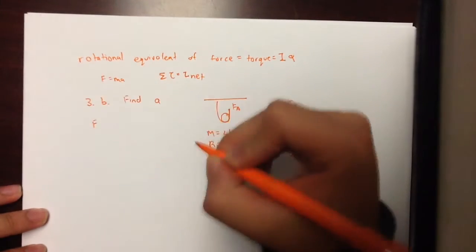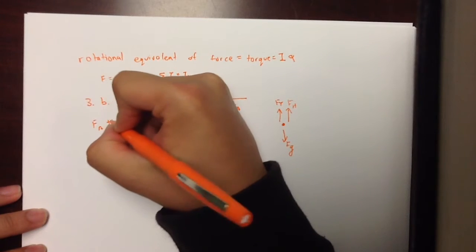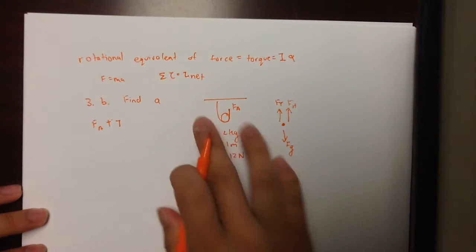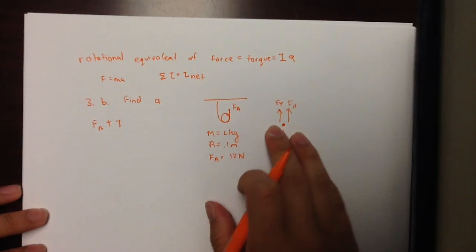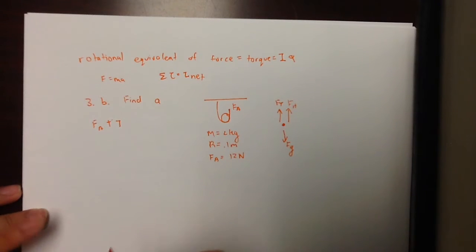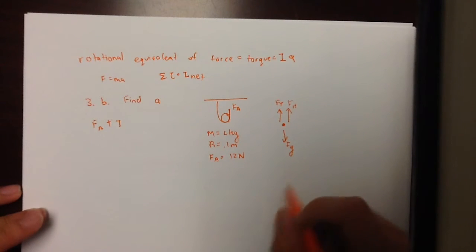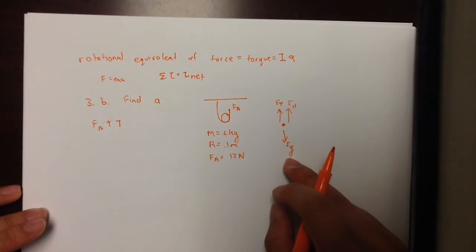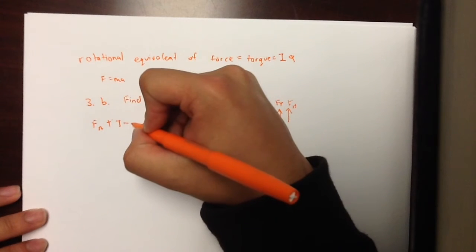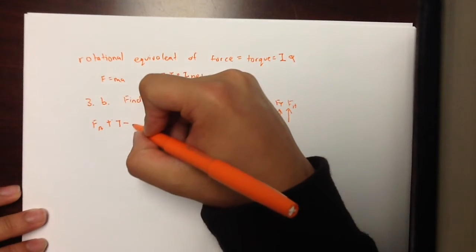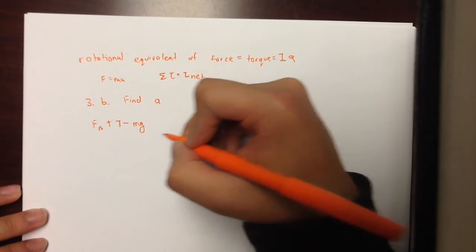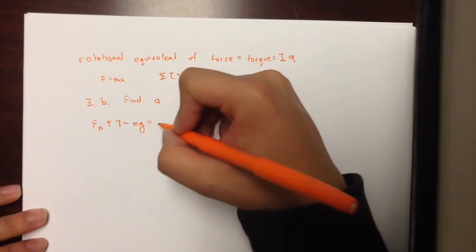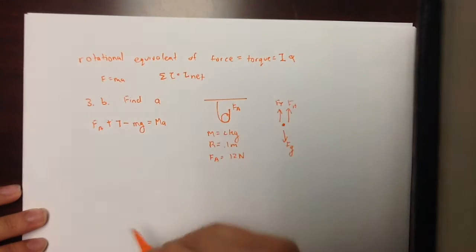The applied force F_A and the tension T are both going up, so let's make those positive. The force of gravity is going down, so let's make that negative, minus mg. And that equals the net force, which is equal to ma, right?